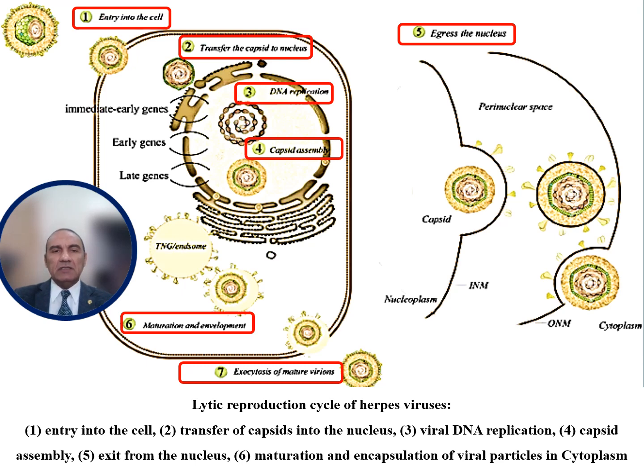Number 1, entry of the virus from outside by different sources of transmission through the cell, and then transfer of the capsid into the nucleus. Number 3, the viral DNA replication inside the nucleus.